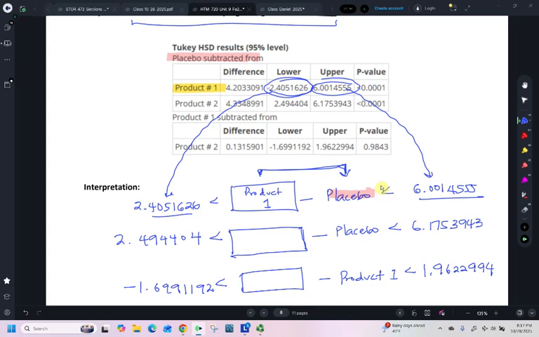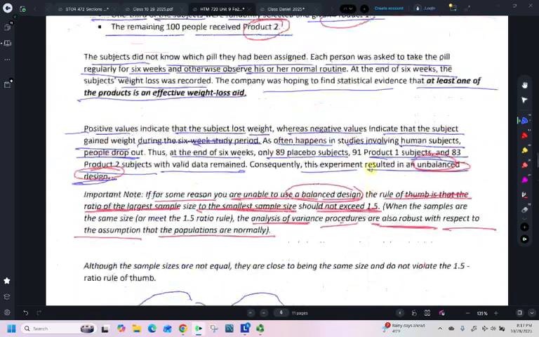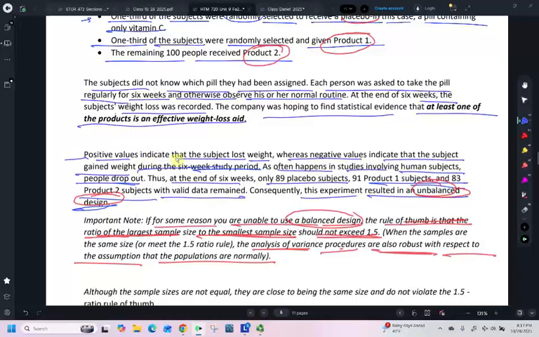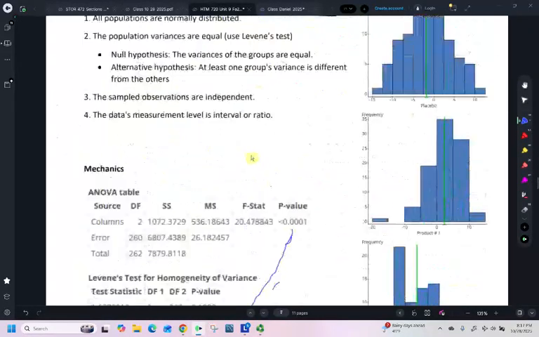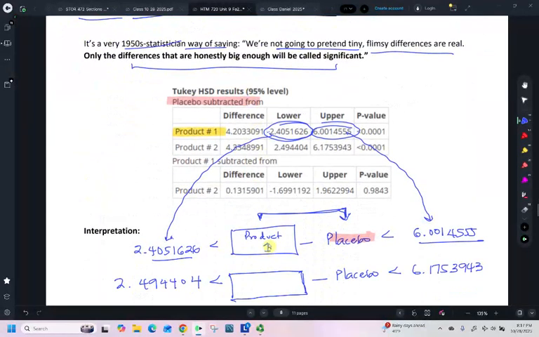Since these are positive, this is a good time to go back to the context of the problem. It says that positive values indicate that the subject lost weight. So it means that taking product 1 as compared to those who took the placebo helped them to lose weight of between 2.40 pounds to about 6 pounds.